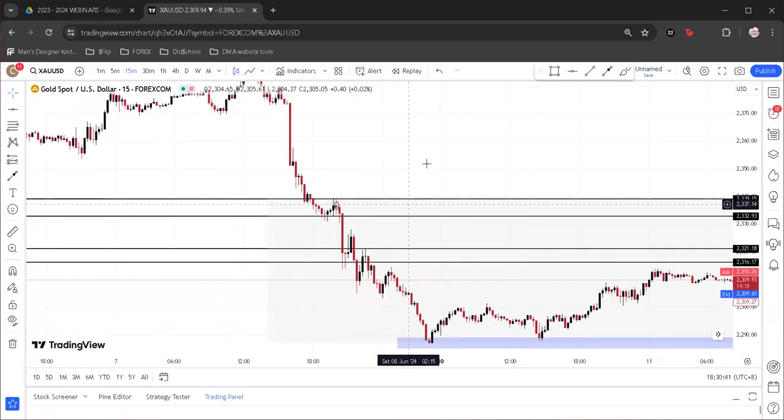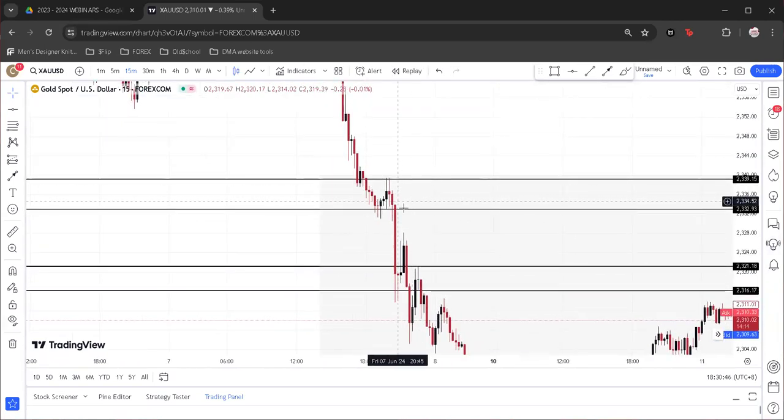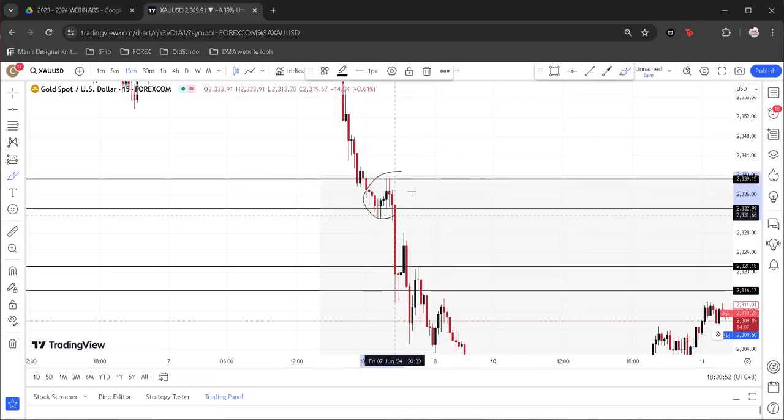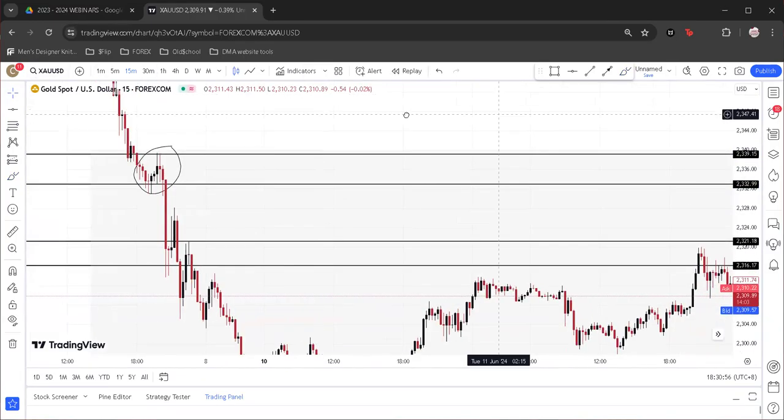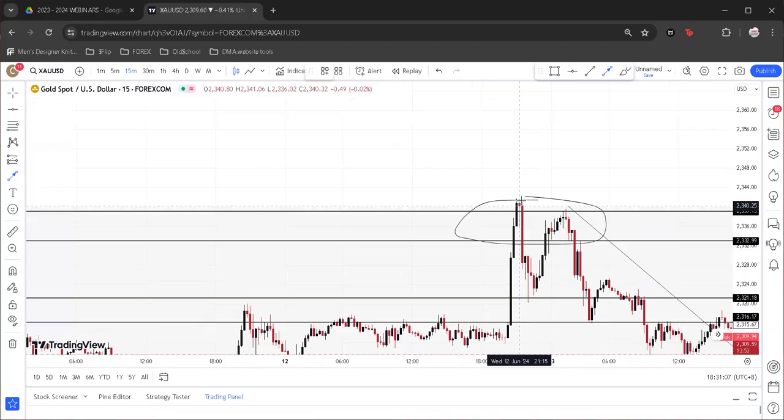Last 2 Fridays, if I'm not mistaken, during NFP, you can see here is a resisting point, right? How many times did gold touch this particular resisting point? Once. Once during the news here, it went up, and did not create a higher breakout than this.